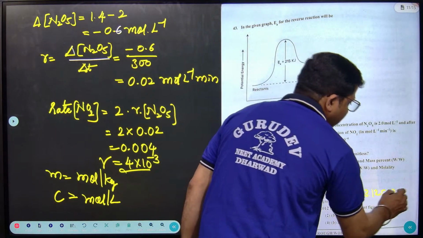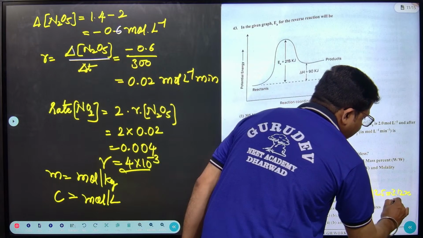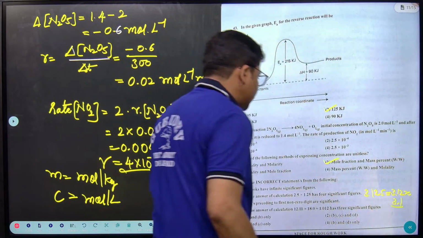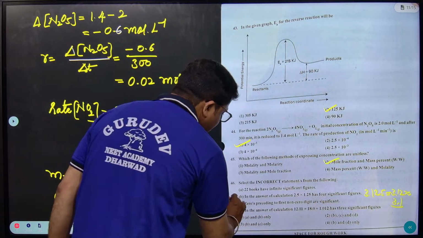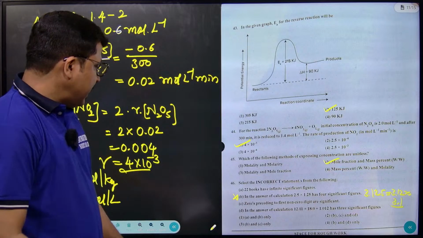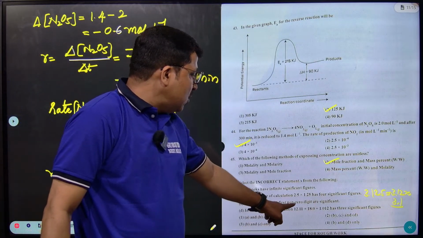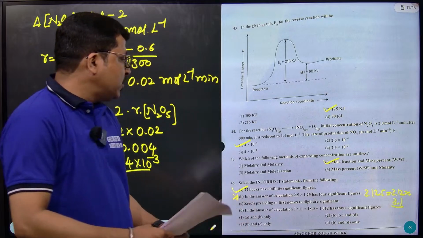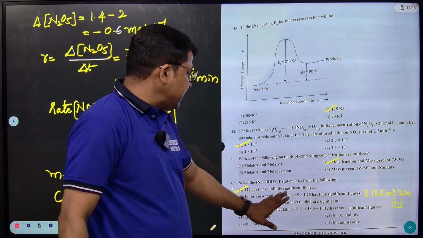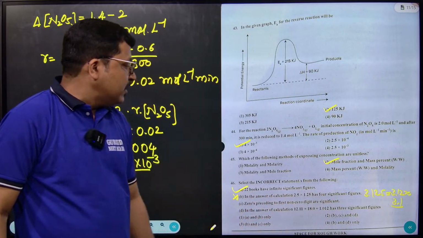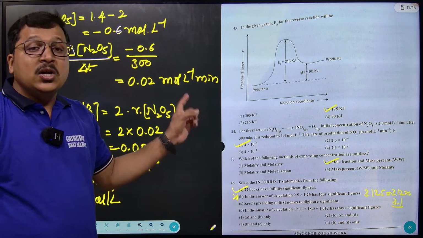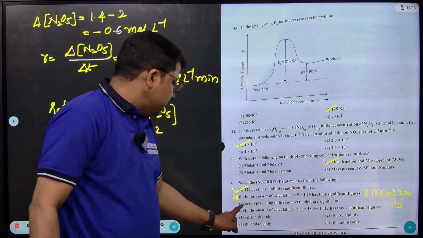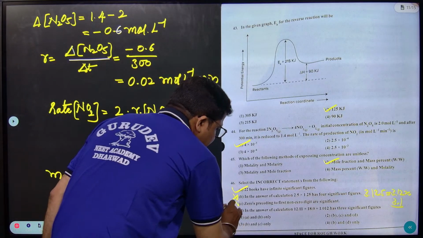Again, if we round this off to 3.1, there are 2 significant figures, hence option number 2 is incorrect. And zeros preceding non-zero digits are significant, he has said, but according to the rules of significant figures, zeros preceding the first non-zero digit are non-significant, and hence option C is wrong.